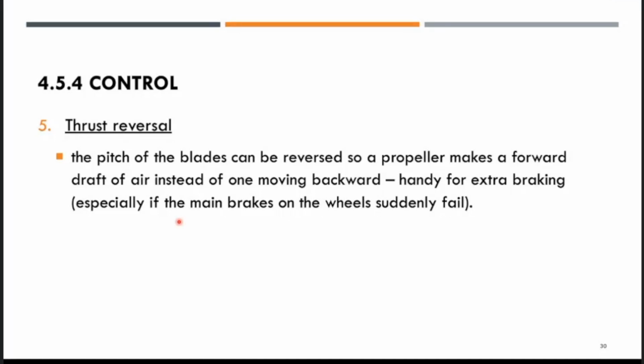When they land on a short runway, the pilot can engage thrust reversal so that the pitch of the blades is reversed, and the propeller makes a forward draft instead of a backward thrust.